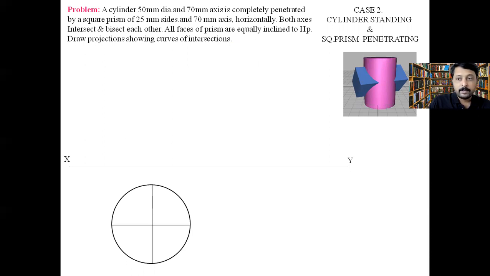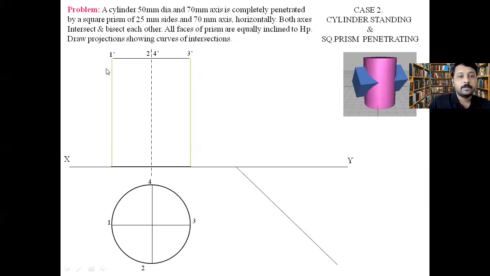Then we can have 4 points to get the end points, 1, 2, 3, 4, and then we project these like this, and we get these points 1, 2 and 4, 3. We have just projected, and the height is given, which is 70 mm. So the height is total 70 mm. So this completes our front view and top view.